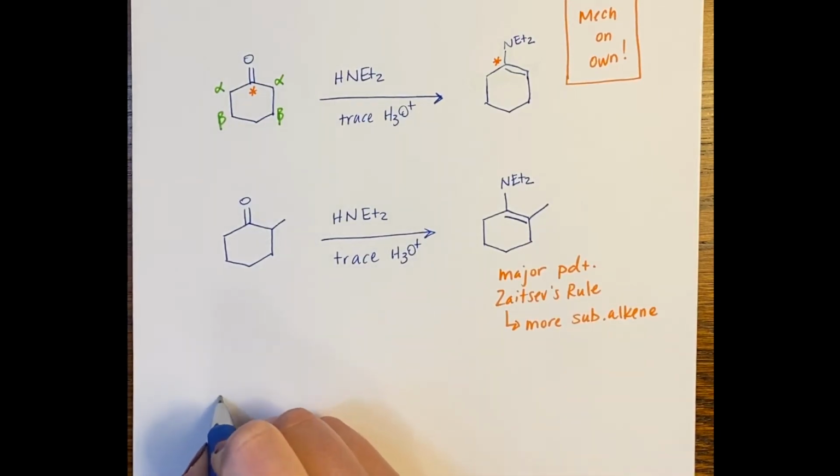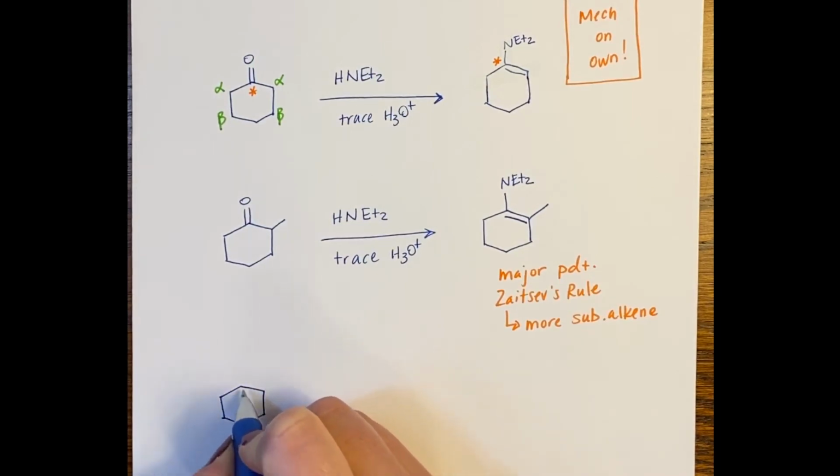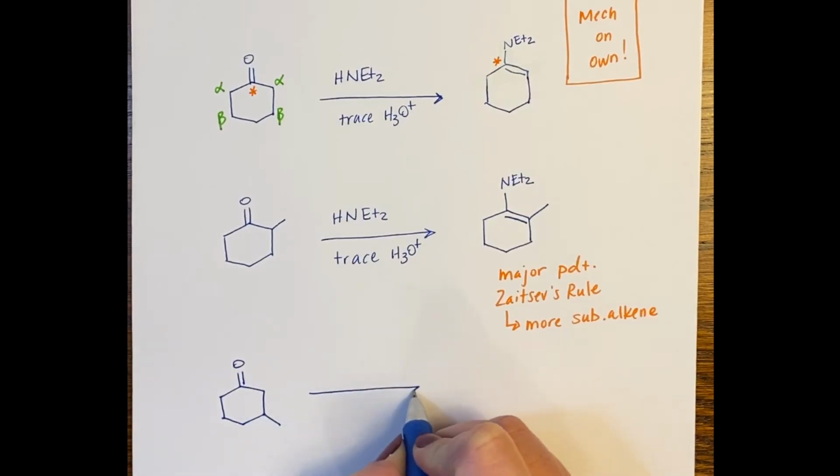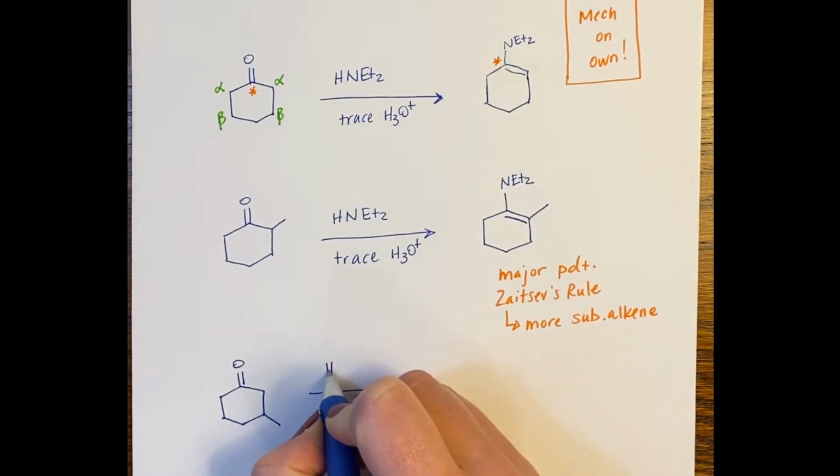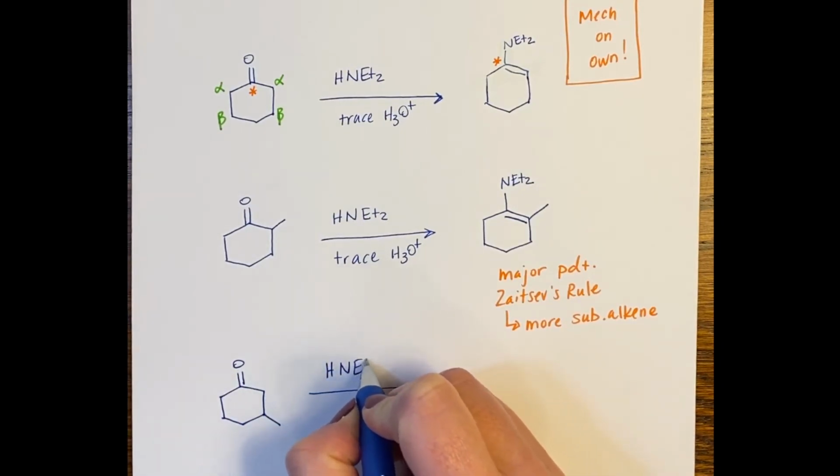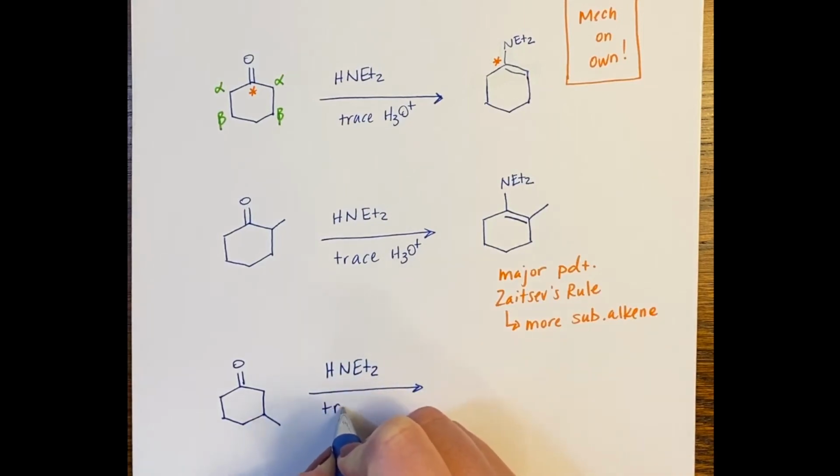What would happen if I had a ketone like this one? What if I treated this ketone with a secondary amine and trace acid? What would be the product that I get out of that reaction?